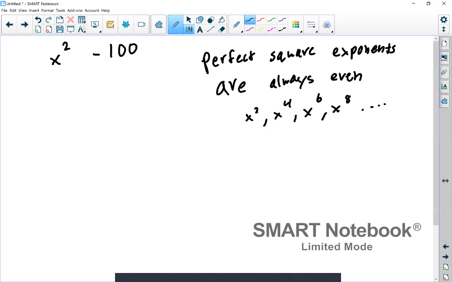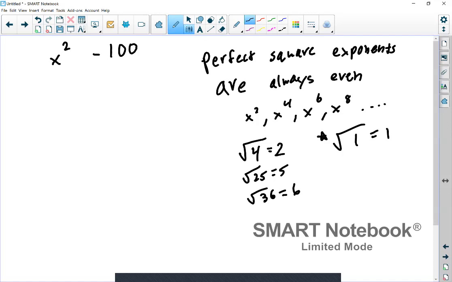Now, as far as knowing the numbers, you've got to memorize some of these. Square root of 4 is 2. Square root of 25 is 5. Square root of 36 is 6. And the special case, the square root of 1 is just 1. That one's just a special one.